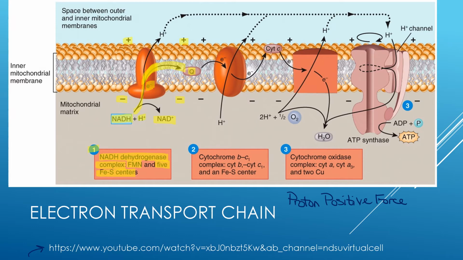And these hydrogen ions will get passed up into the space between the outer and inner mitochondrial membranes. So two things happen at each of these proton pumps, or at least at this one we'll start off with. The electrons from NADH are passed on to the next carrier, and at the same time, hydrogen ions are pumped out to the other side of the membrane.